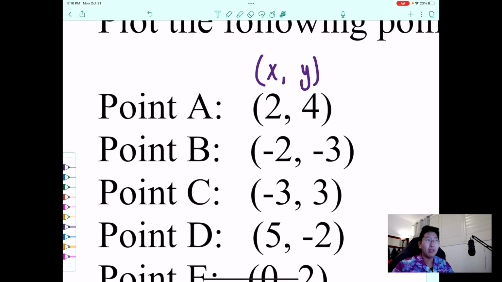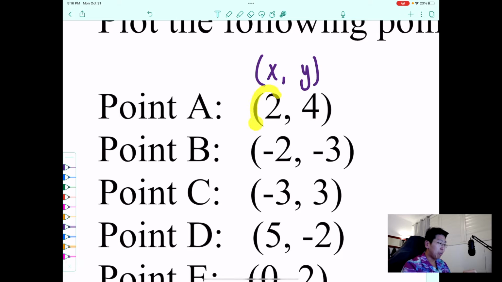I mean, if I were to take a guess, I would start singing the alphabet, A, B, C, D, F, G, Q, R, S, T, V, W, X, then Y. And so X is going to come before Y in the alphabet. And so that's a way to remember. X comes first. And so when I look at this coordinate, it looks like gibberish to you probably. It's all right. We're going to practice a lot.